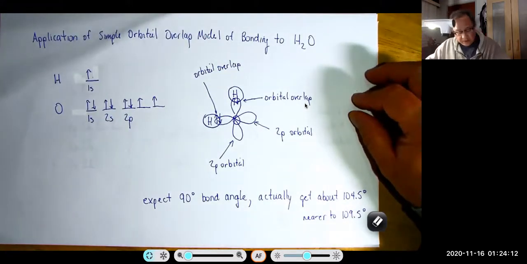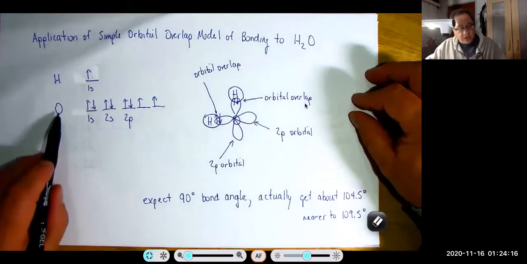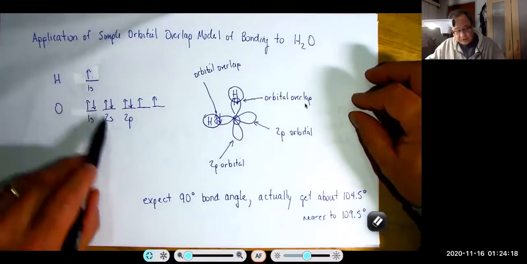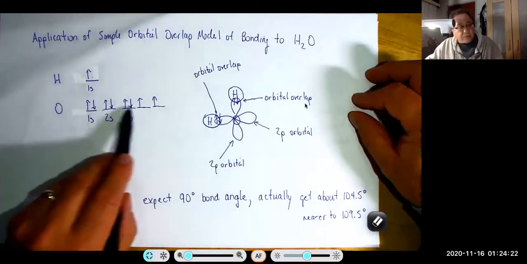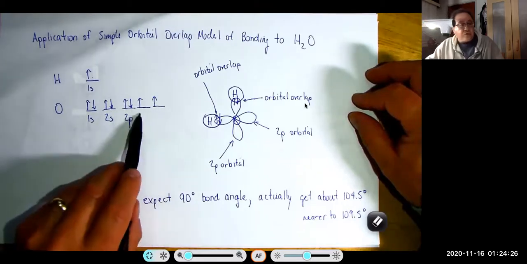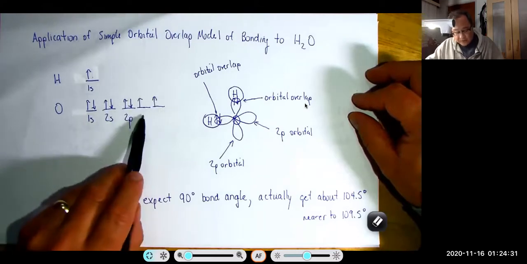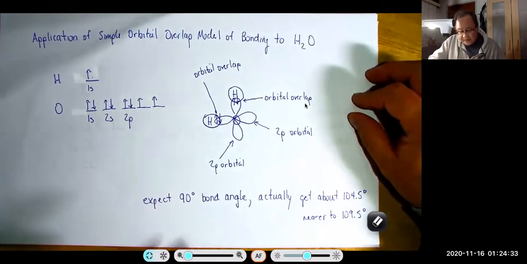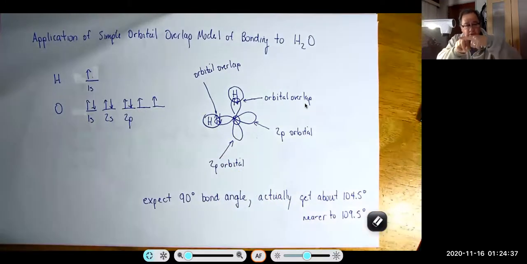So in H2O, you have two hydrogens, each with a 1s and one electron. With oxygen, you have a 1s2, 2s2, 2p4. And remember, with Hund's rule, when you put electrons in here, you put them together singly before you pair them. So we're going to end up with two of these 2p orbitals that have one electron each. And these p orbitals are perpendicular to one another. Okay, so you have three of these.